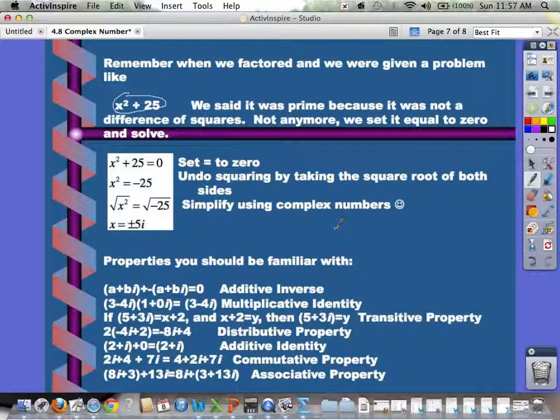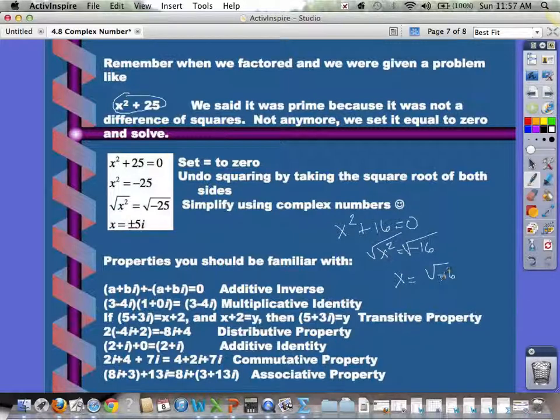Same thing would happen if you had x squared plus 16. You would just set that equal to 0, move the 16 over, and take the square roots of both sides. That leaves you with x equals the square root of negative 16.